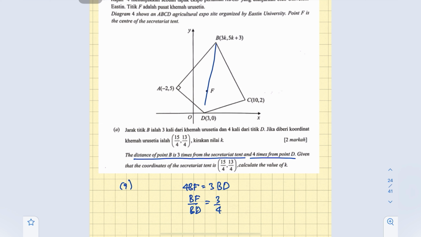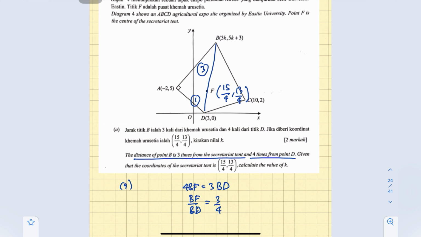So here we got the ratio BF is 3 and BD is 4, meaning that FD is 1. Okay, just now point F is 15 over 4 and 13 over 4.